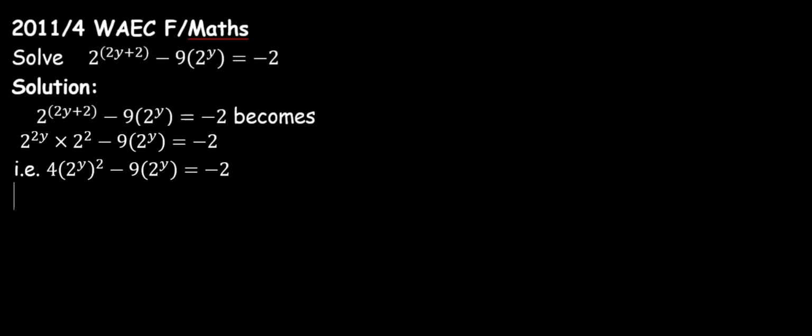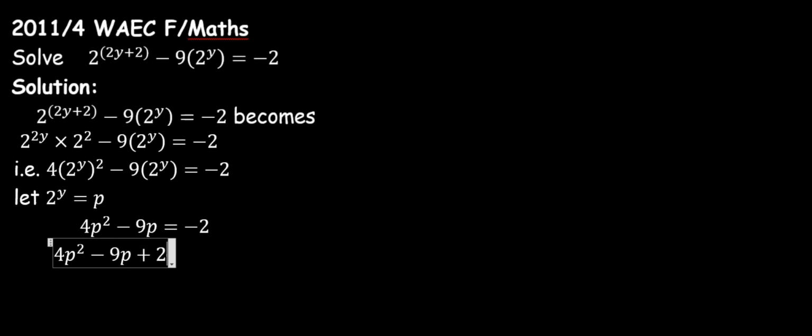Next, we let 2 raised to power y be equal to p. We can now restate our equation as 4p squared minus 9p equals minus 2. Rearranging, we have 4p squared minus 9p plus 2 equals 0.